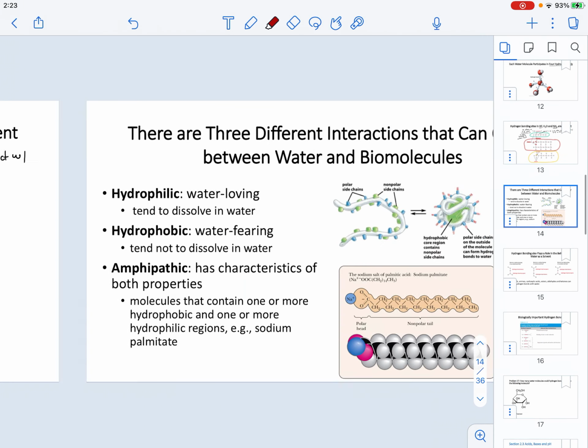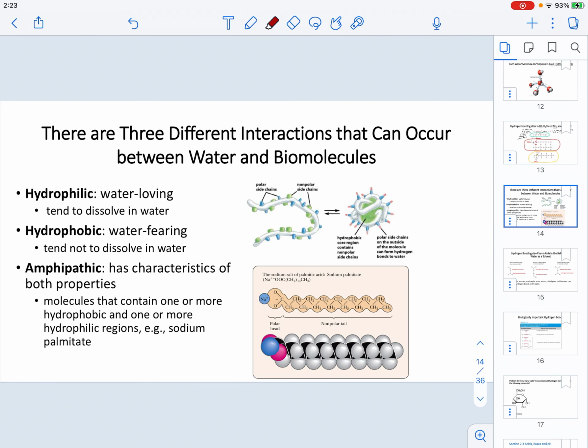Now, in this course, understand that the interactions of biomolecules with water are going to be defined with different terminology. Specifically, there are 3 different interactions that can occur between water and biomolecules, and we're going to define them.